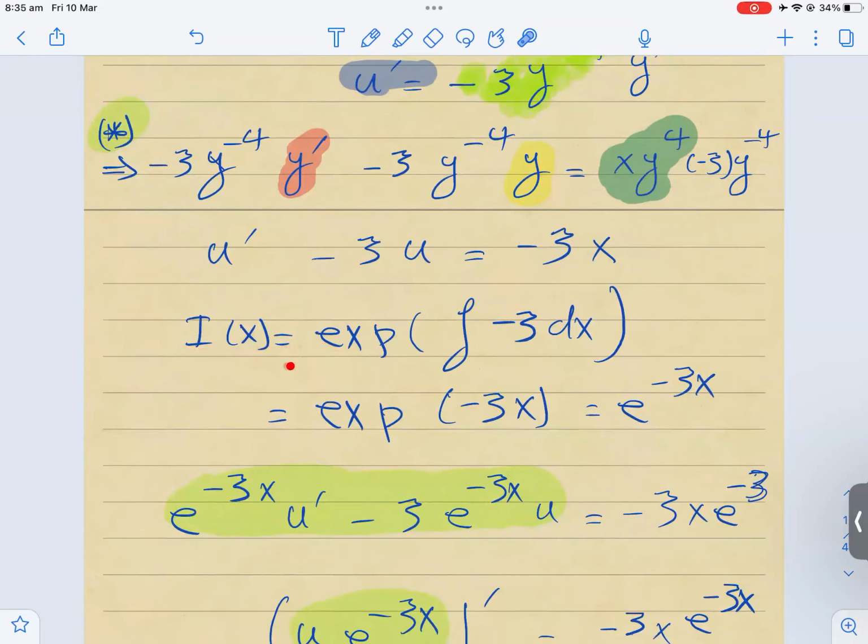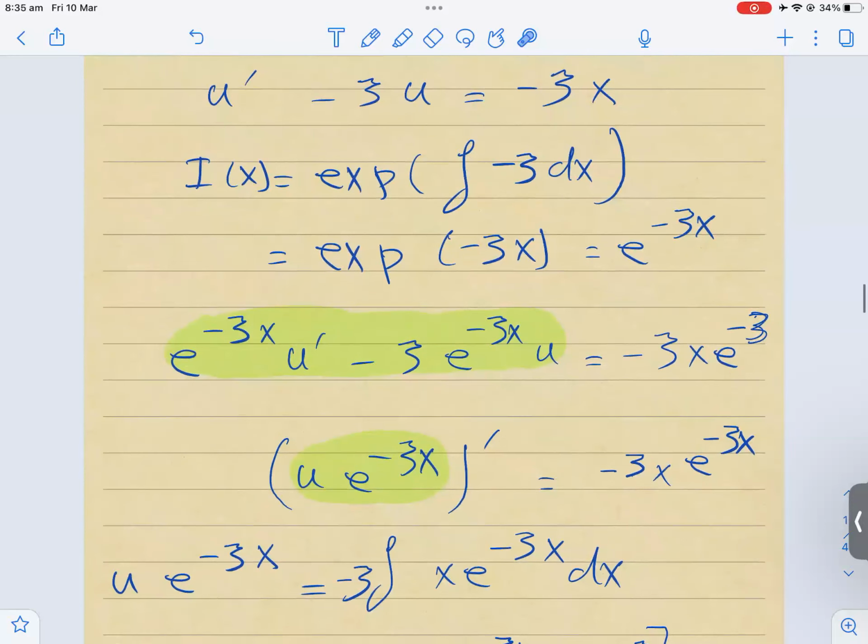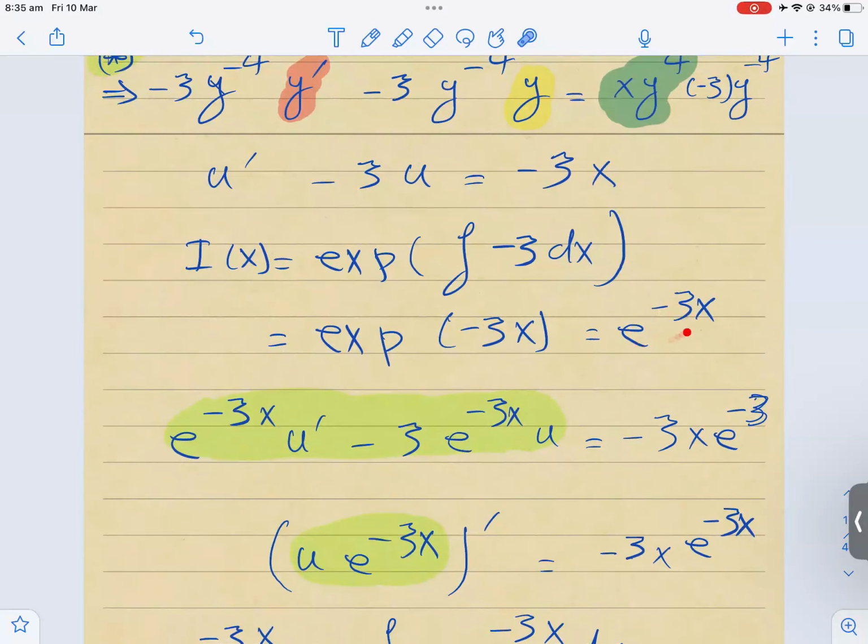I(x) is the exponential of the integral of the coefficient of u, minus 3. So e to the minus 3x is the integrating factor. Then I multiply this equation from the left, which means on both sides. So u prime will be this one, and this will be this one.